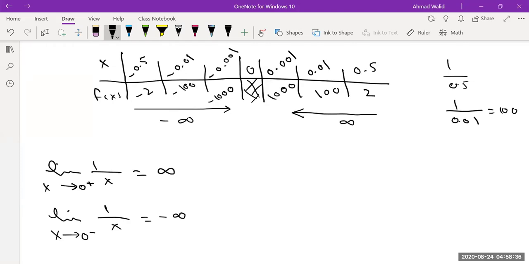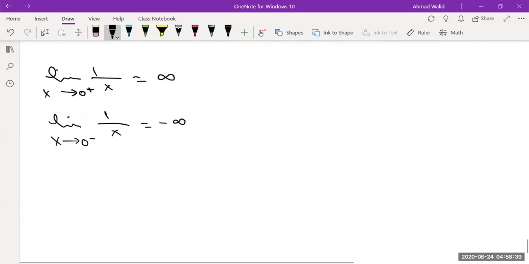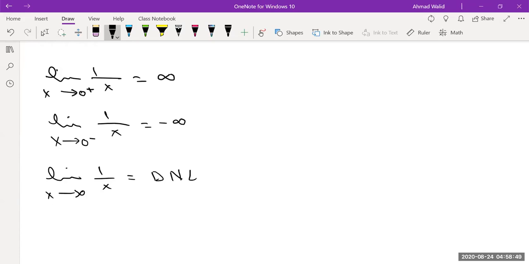Are these two limits equal to each other? Then the answer for the problem is: the limit of 1 over x as x approaching 0 does not exist.